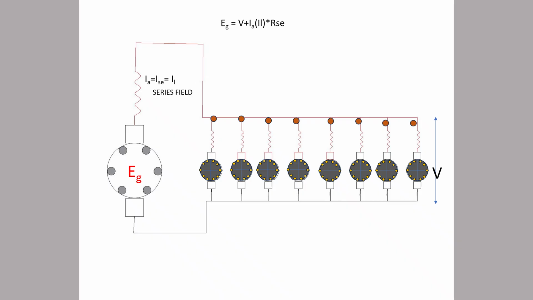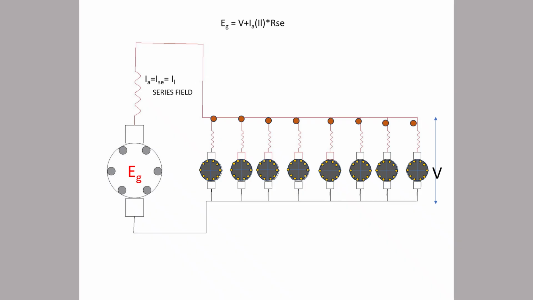So induced EMF is V, the voltage of the motor, plus Ia, the armature current, multiplied by the series resistance. So it will give the induced voltage. Another thing is, if you use a DC generator, brush drop will come.